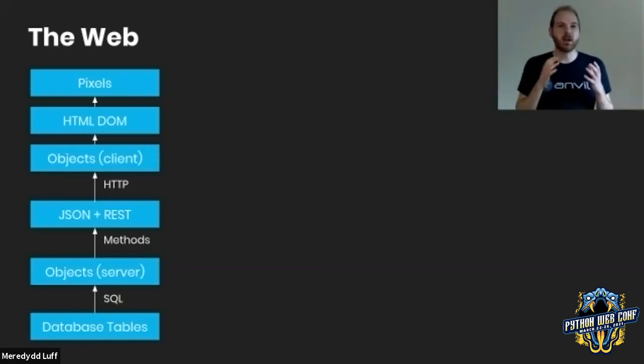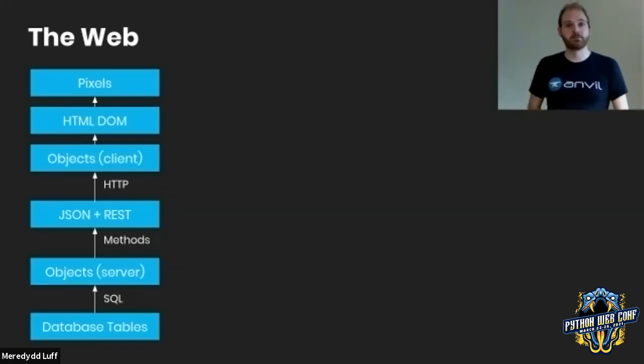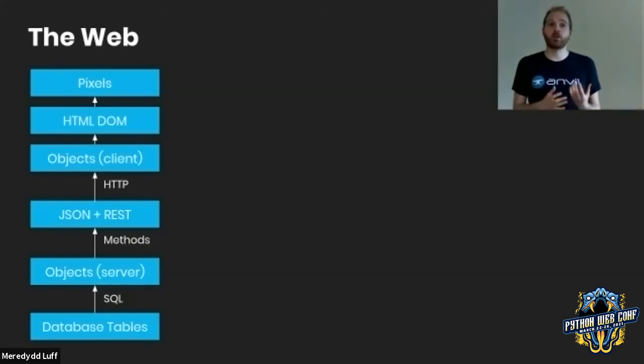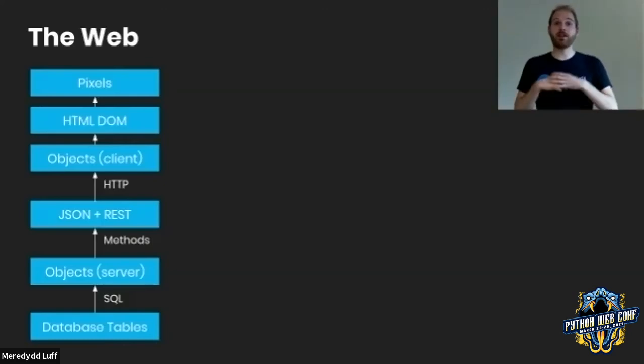The day-to-day work of a web programmer is mostly translating your data between those representations with a bit of business logic mixed in. And because that work is tedious and repetitive, we as programmers, we don't like tedium. We have invented abstractions to help us.